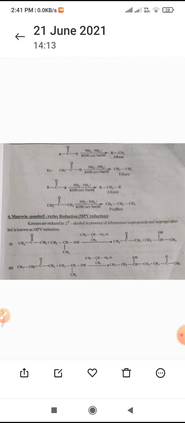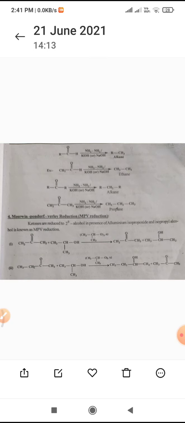NH2NH2 with KOH or NaOH is the Wolff-Kishner reagent.